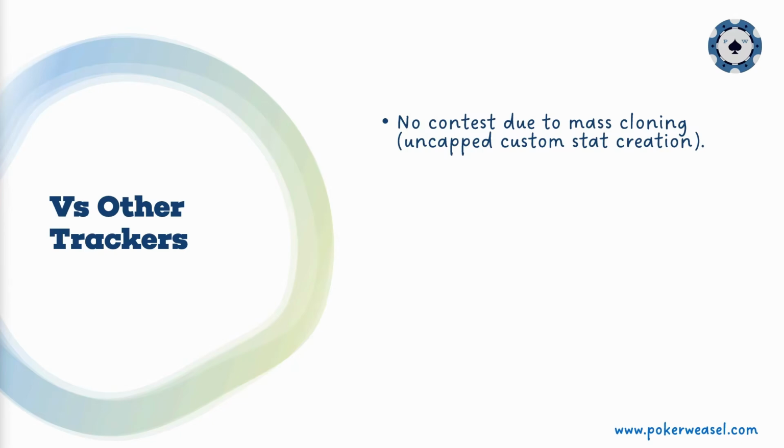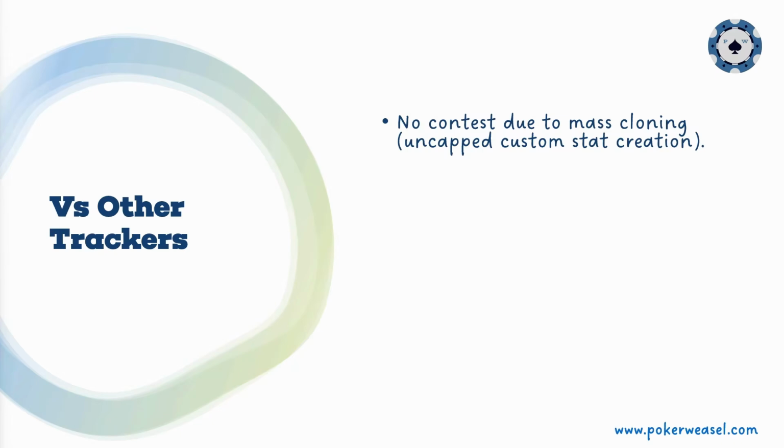And one of the simple reasons for that is what we can refer to as mass cloning. We can very quickly create a large amount of custom stats based on other stats. So imagine, for example, I'd invested a large amount of time creating an array of stats for single raised pots. It could be c-bet on every street, raise on every street.